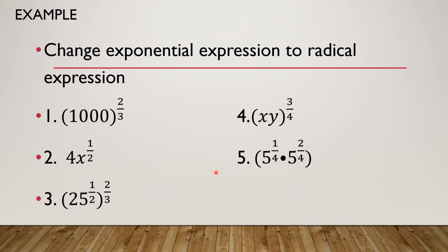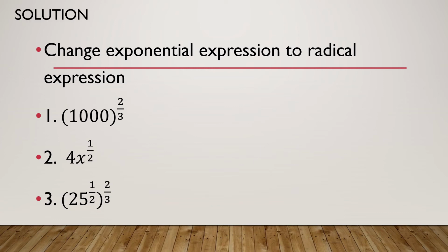So, paano po natin sagutan? Sagutan natin. So, ito po yung sagot sa susunod na slide. So, these are the solutions. So, how to change exponential expression 1,000 raised to 2 over 3 in radical expression or radical form.